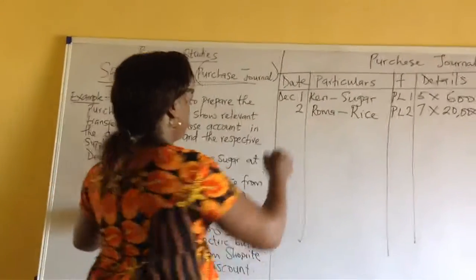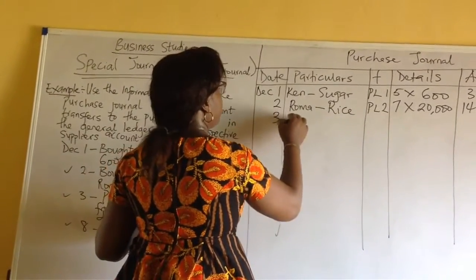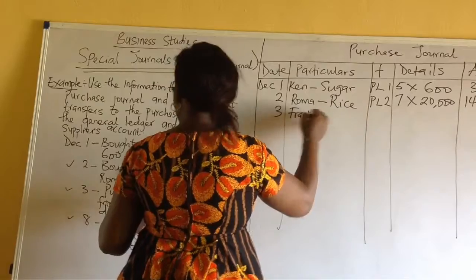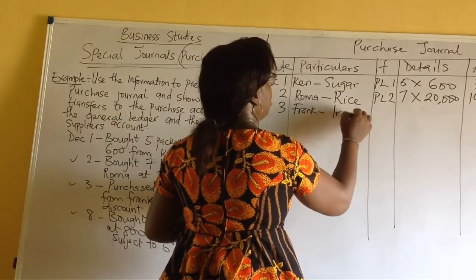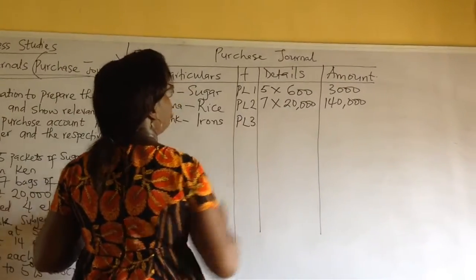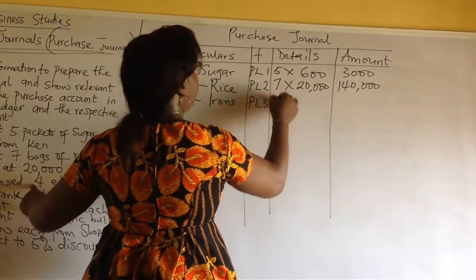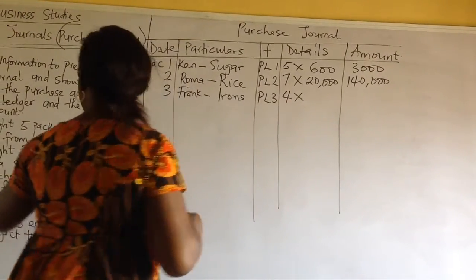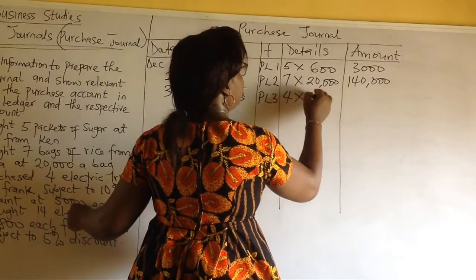The third entry is for December 3rd, iron, that was what was bought from Frank. This is PL3, purchase ledger page 3, and they bought 4 of these irons at 5,000 naira each.